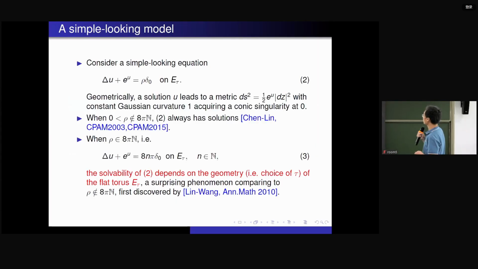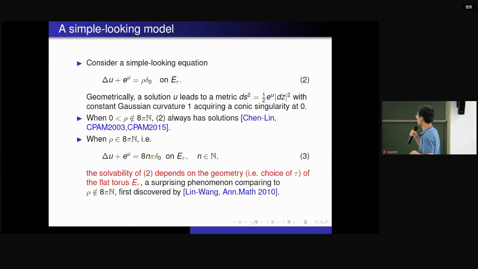So let's consider this simple looking equation. Now we consider the Riemann surface a torus, and we consider only a Dirac measure at 0, and here is the parameter ρ. In geometry, a solution u of this equation gives a metric with constant Gaussian curvature 1, but has a conic singularity at 0.